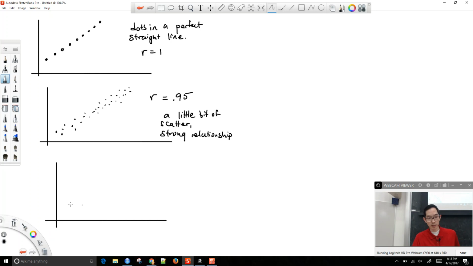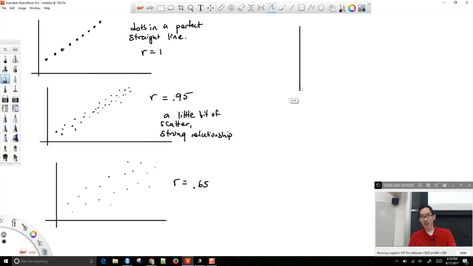And you can have more and more scatter. I would guess r around here to be 0.65 or something. I'm just making up these numbers, so don't hold me to this.